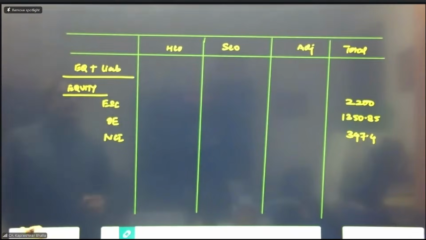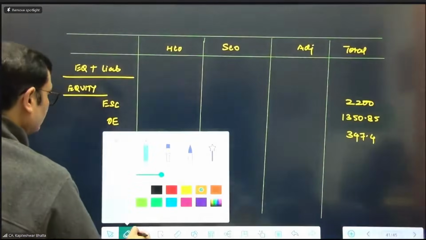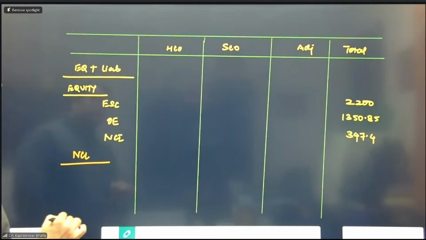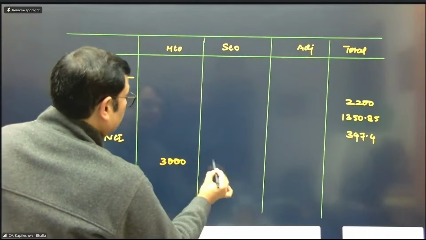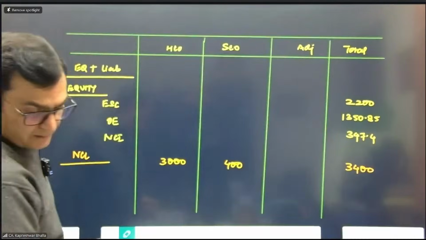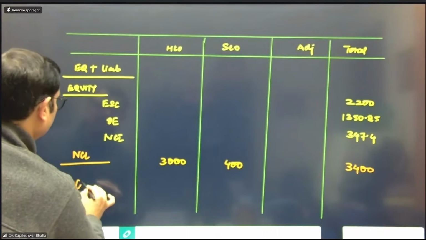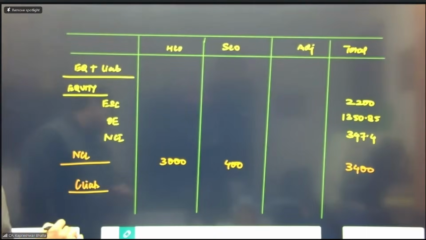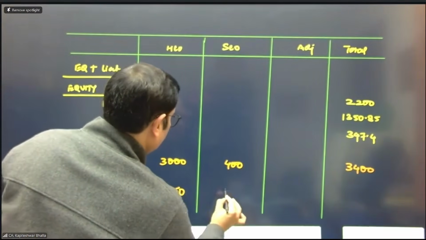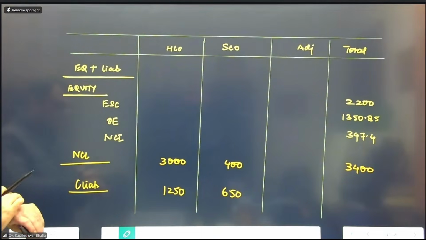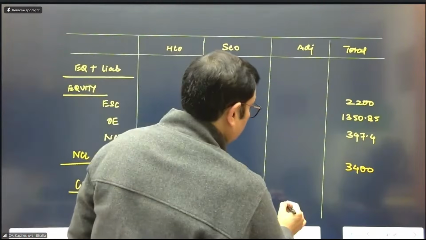Then there is non-current liabilities, to the extent of 3,400. But I think there are no adjustments. That works out at 3,400. And then there is current liabilities in which we need to take care of DC. So current liability is 1,250, 650, and then there was a DC in the extract balance sheet. 454, I think.